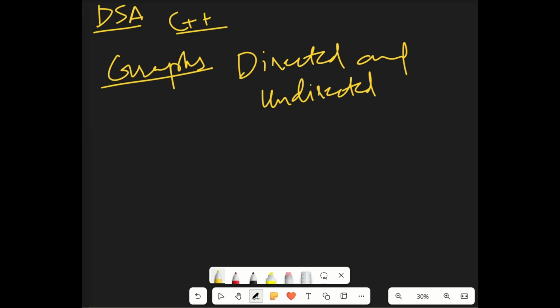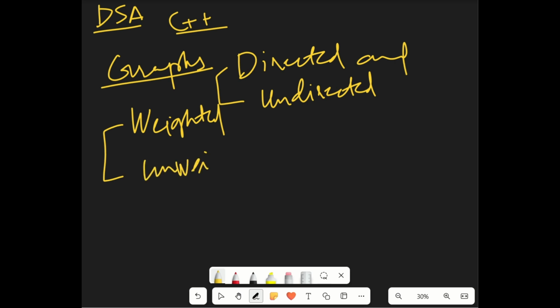There are also two other differences: one can be weighted and the other unweighted, meaning edges have weights or not.